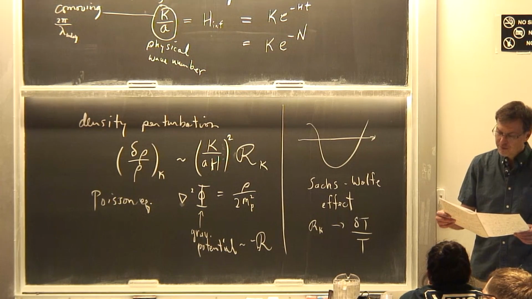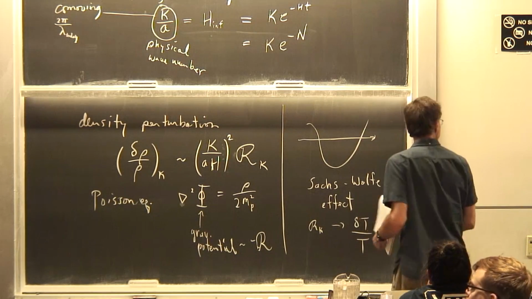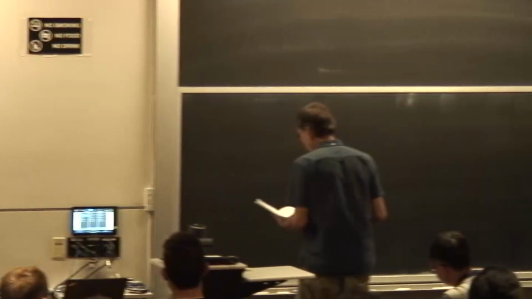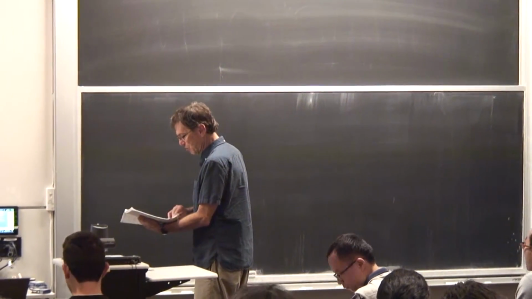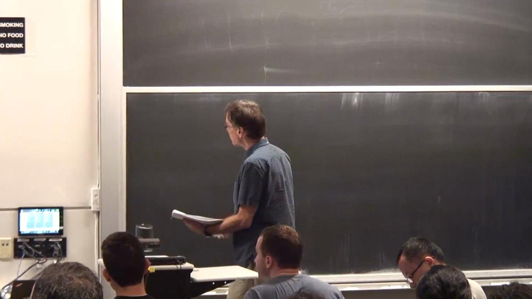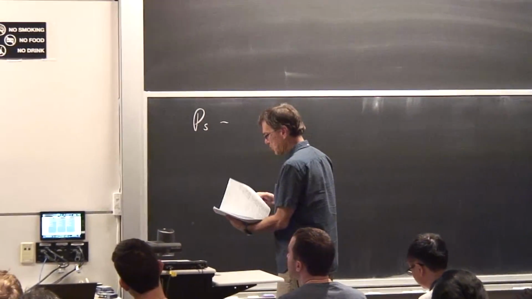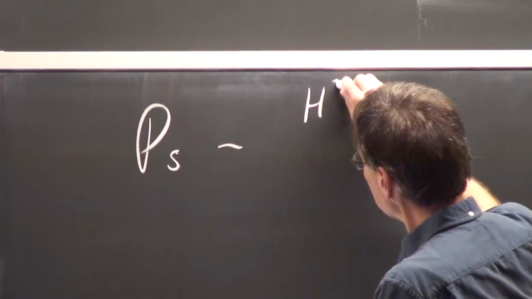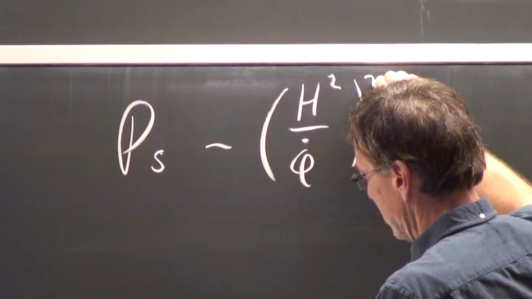So we saw that we had an expression for the amplitude of the power spectrum, and it was H squared over phi dot quantity squared.